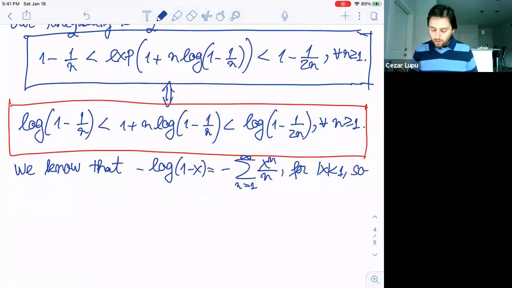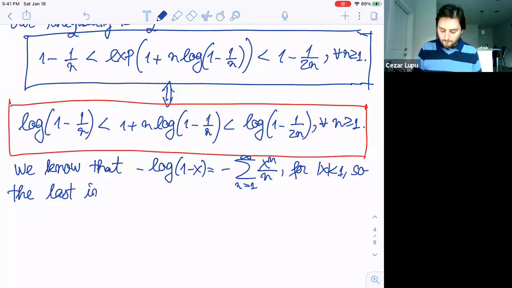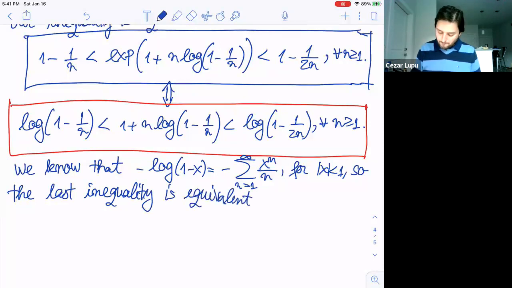So the last inequality is equivalent with the following.